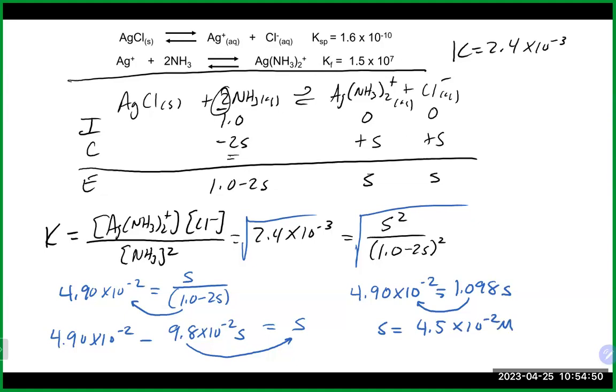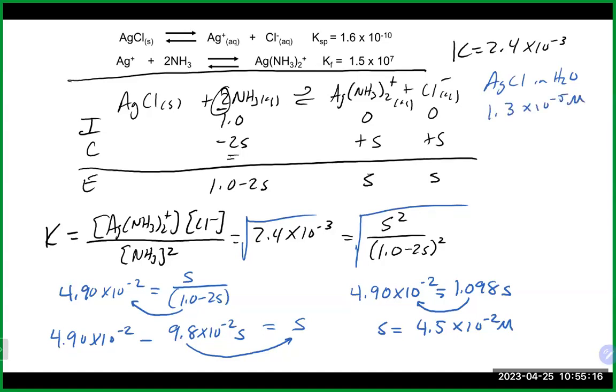Question on that there. So how does this compare to the solubility of silver chloride in water? We earlier calculated, I believe, the molar solubility of silver chloride in water. It is 1.3 times 10 to the minus 5 molar.